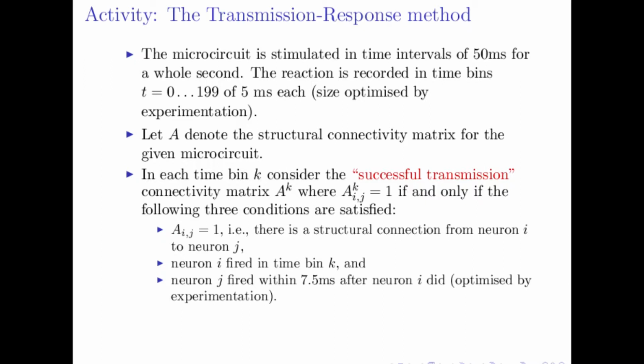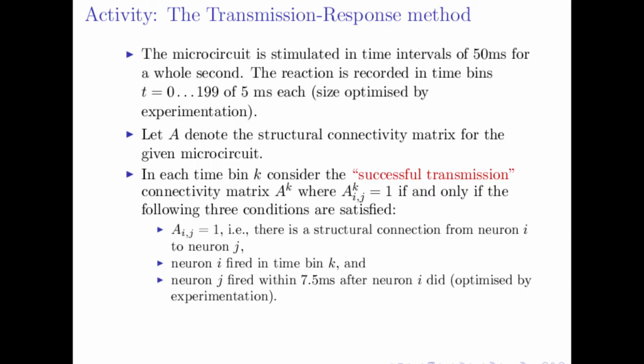And then you'll hear more from Catherine about what we actually discovered. So what's the system? We're looking at the structural matrix. Let's stimulate the microcircuit in time intervals of 50 milliseconds, and you look at the reaction in a whole second. So you have 200 time bins where you have the reaction.